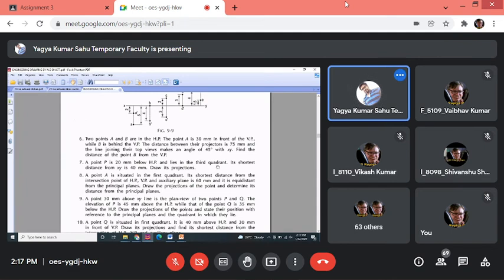Is it given? It's unknown. And its shortest distance from xy is 40 mm. Draw its projection.